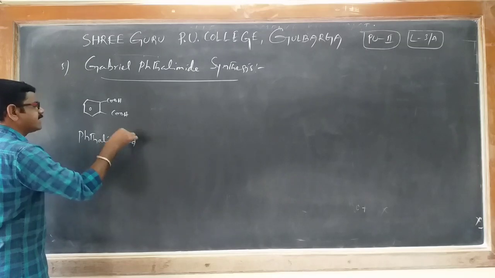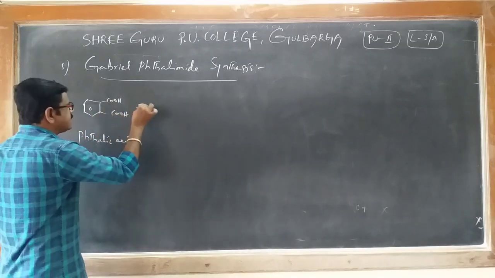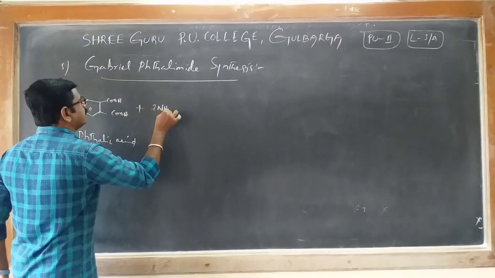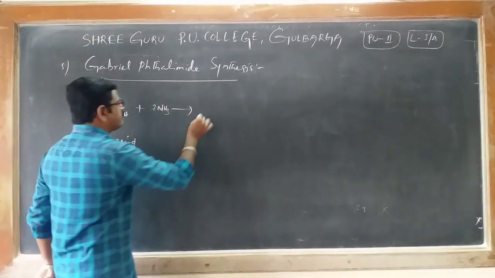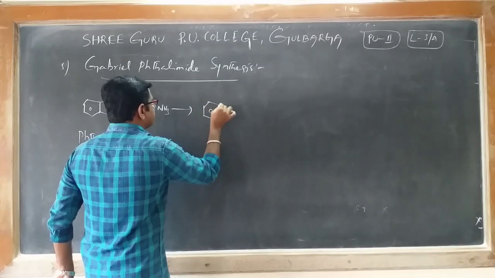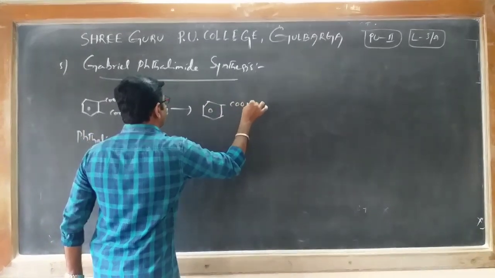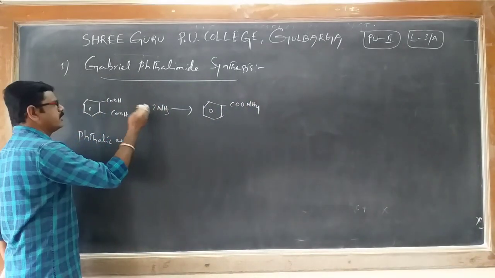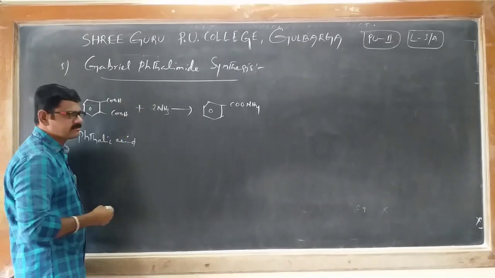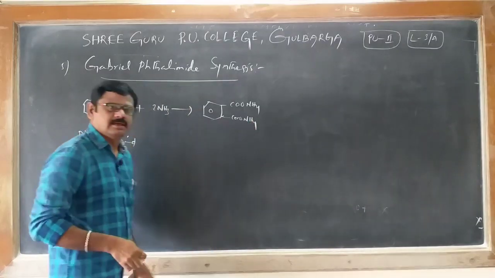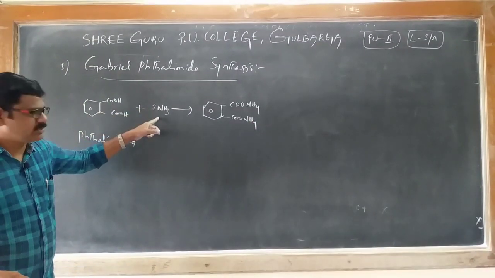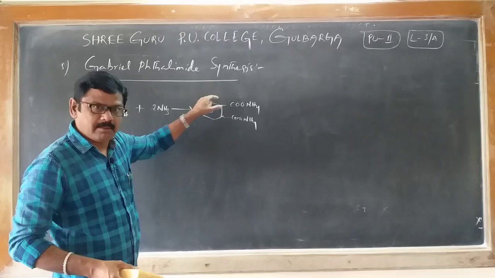When phthalic acid reacts with ammonia, since it is an acid and ammonia is a base, you get a salt. Benzene with COONH4, one ammonia reacting here and one here, again COONH4. Phthalic acid, when it reacts with ammonia, gives ammonium phthalate.